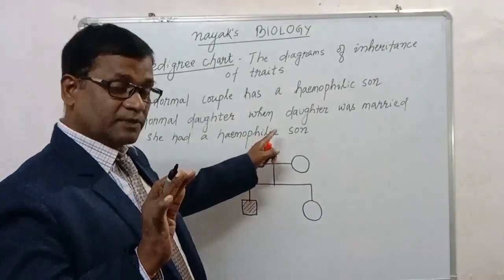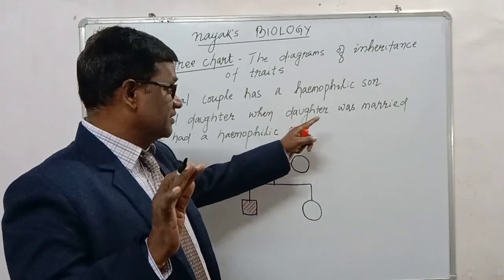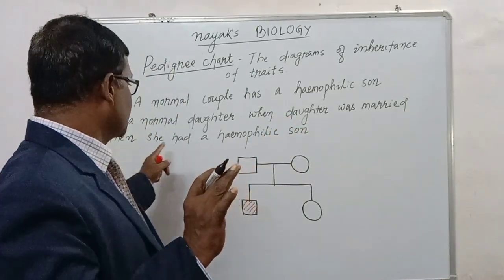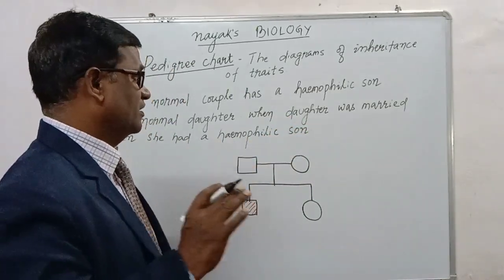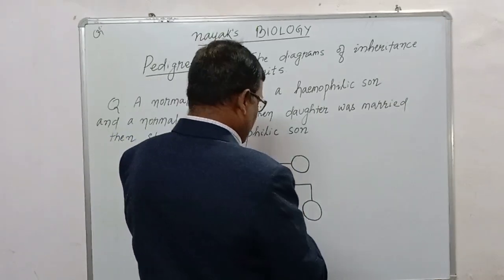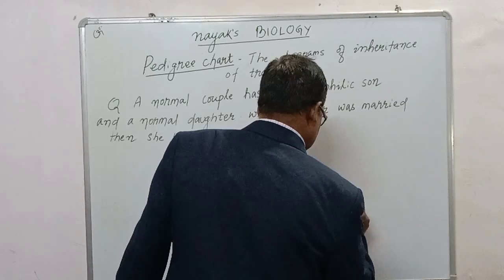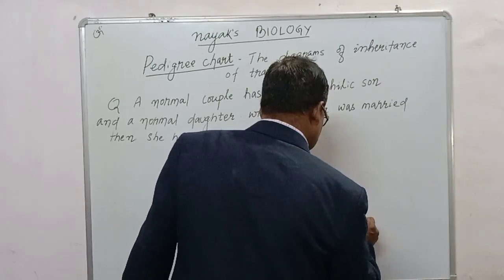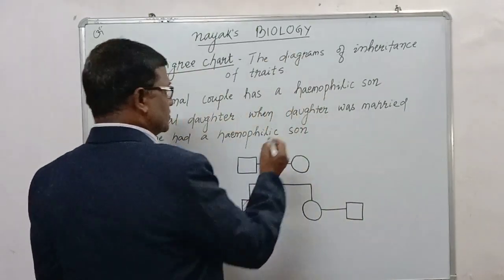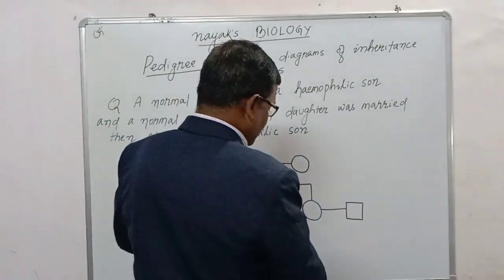Then the next part of the question: when the daughter was married to a normal man, she had a hemophilic son. How will we mark a hemophilic son?